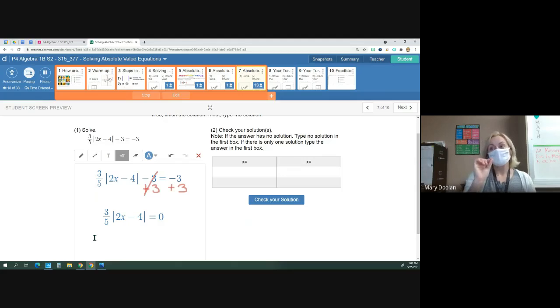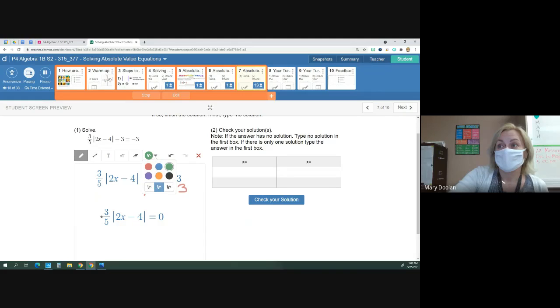So 3/5 divided by 3/5 is the same as 3/5 times 5/3. And the reason that this helps the situation is that these 5's cancel to 1, those 3's cancel to 1, and then there's nothing left on the left-hand side. But I also have to multiply by 5/3 over here.